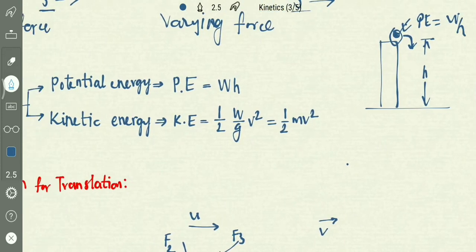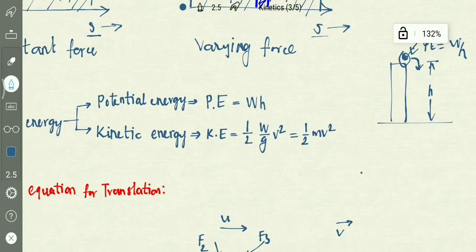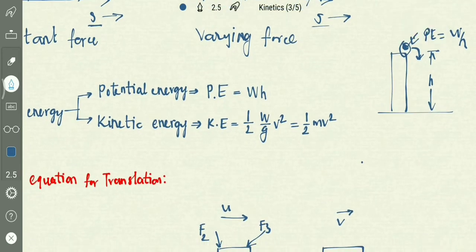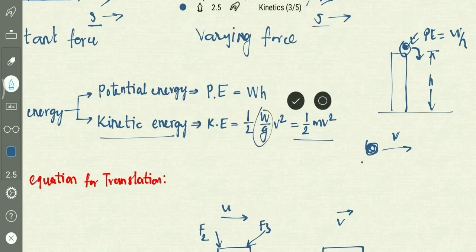W into h is the potential energy possessed by the body. So what is kinetic energy? If the body is traveling with a velocity v, the energy possessed by this body at this instantaneous velocity v is called kinetic energy. It is going to do some work, right? It is called kinetic energy, which is half mv square. M is also written as W by g, right?